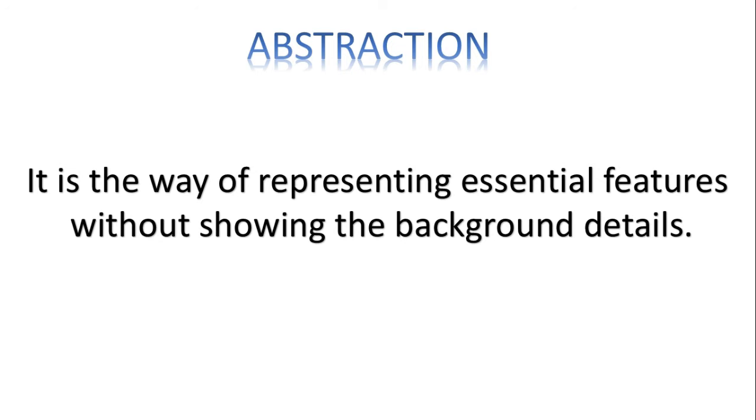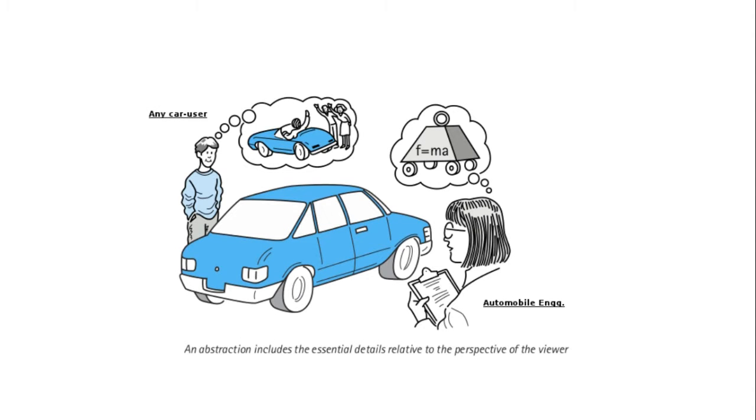Next feature is abstraction. Now, what is abstraction? It is the way of representing essential features without showing the background details. Let's consider the example. Here you can see there is a car, this guy is the user of the car, and this one is the creator, or maybe we can call him an automobile engineer.